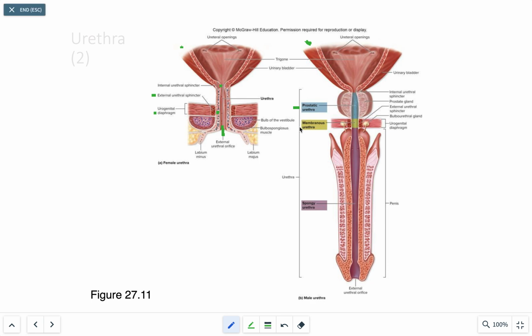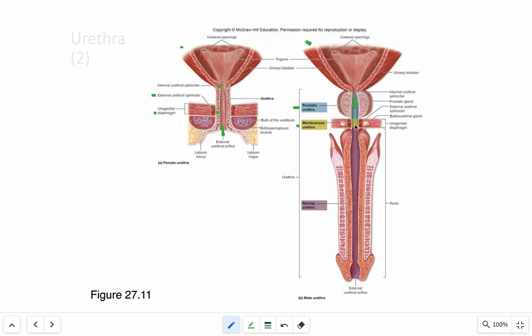So it has a prostatic urethra. This section right here is the most dilatable portion. It's also lined with transitional epithelium, so it has the ability to stretch and recoil. It has a membranous urethra, and this section is the least dilatable.